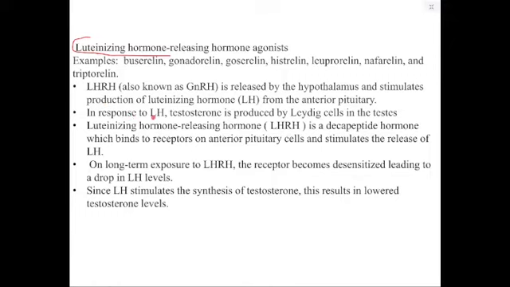In response to luteinizing hormone, testosterone is produced by the Leydig cells in the testes. Luteinizing hormone releasing hormone is a decapeptide hormone which binds receptors on the anterior pituitary cells and stimulates the release of the luteinizing hormone. Decapeptide means it has 10 amino acids. So this luteinizing hormone releasing hormone is one which has 10 amino acids.